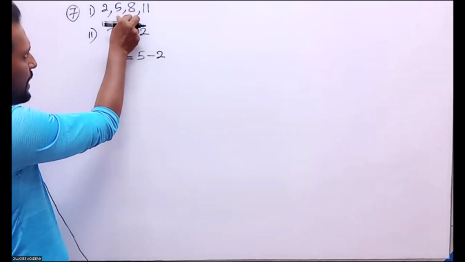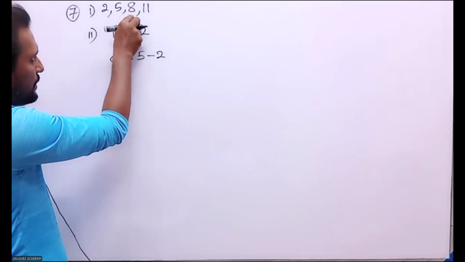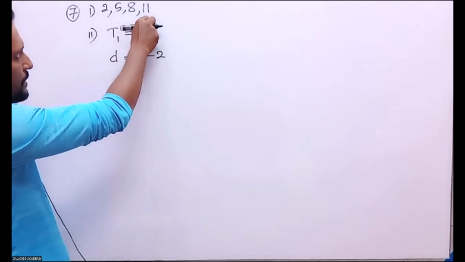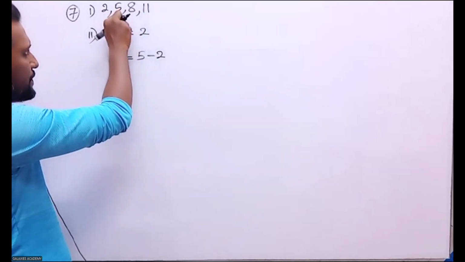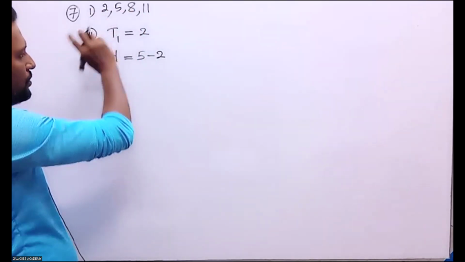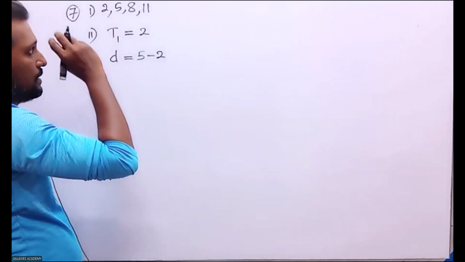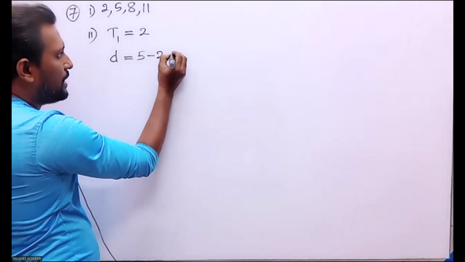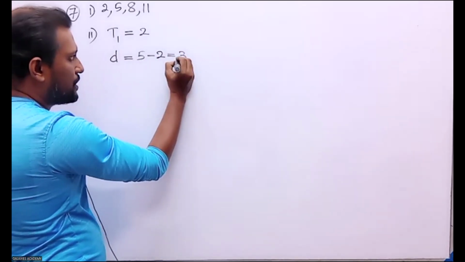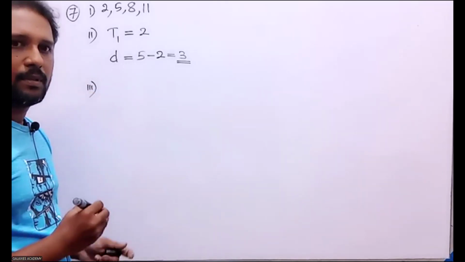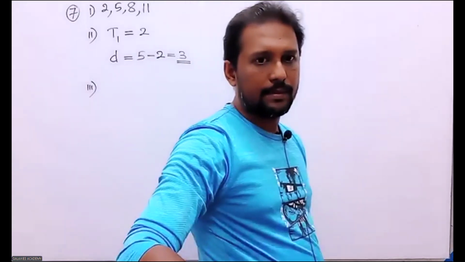If you want, subtract 5 from 8, or subtract 8 from 11, right? 11 minus 8, 8 minus 5, or 5 minus 2, all are equal. So we call this number pattern has the common difference. So the common difference is 3, positive 3, right? It is the second part.